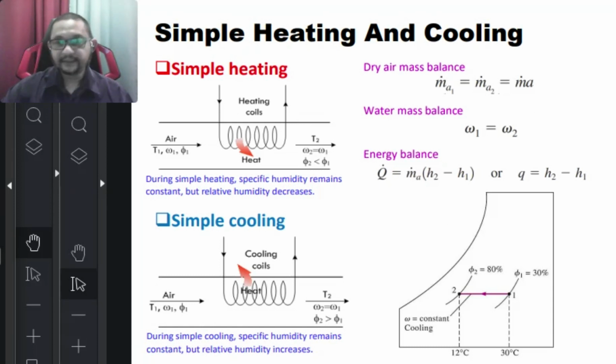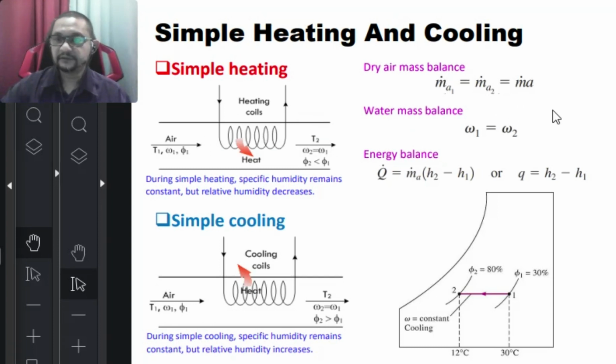The equations that can be used in these two processes: dry air balance, that means m dot a at state number 1, before coming to the coil, is equal to m dot a at state number 2, after the air passes through the coil.